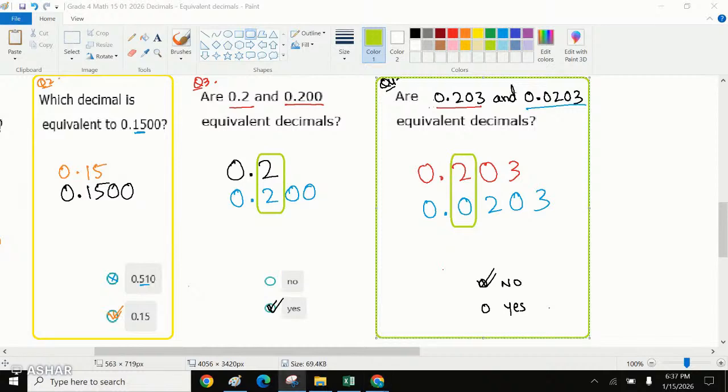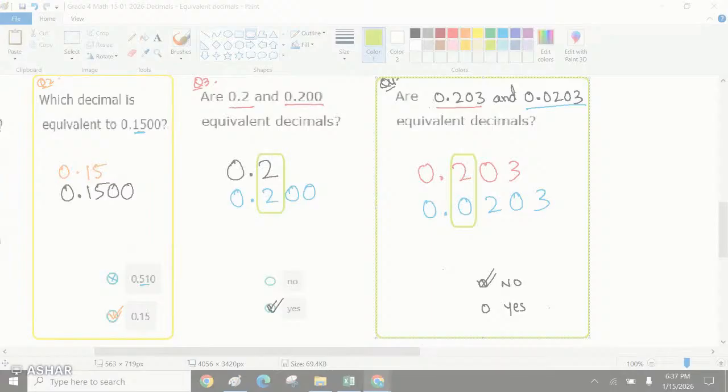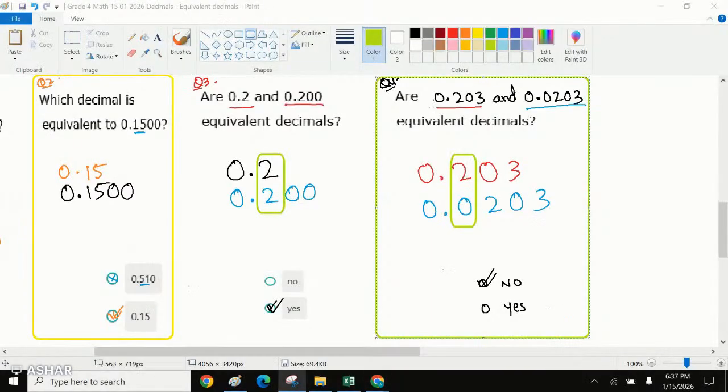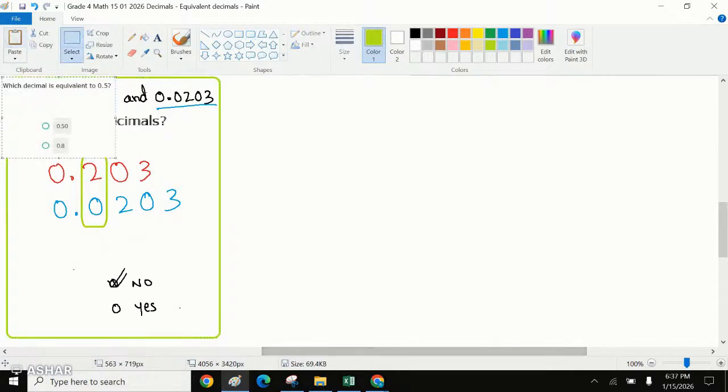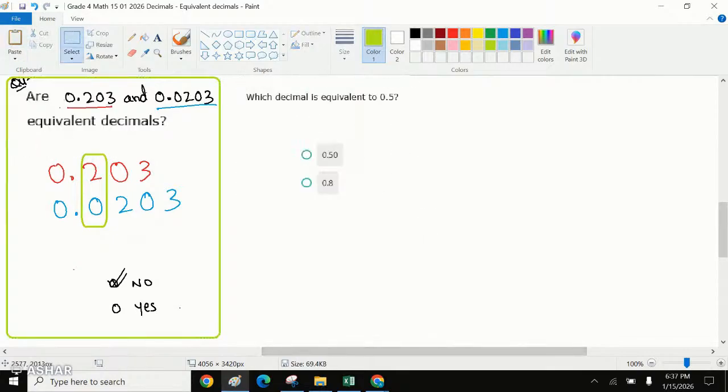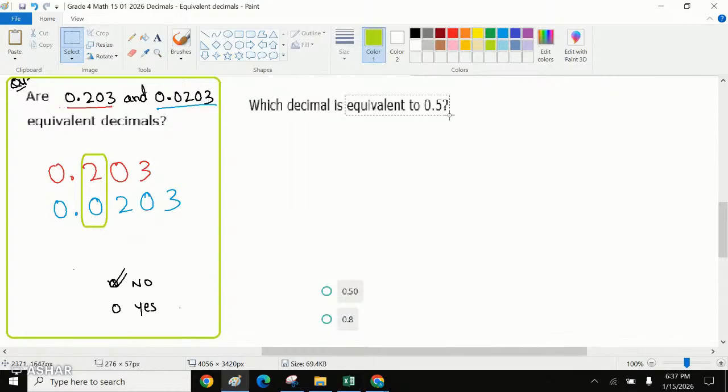So the question we had was in the test. Now we are looking at the test. The question in the test states that, okay, let's say this would be our question number 5. Which decimal is equivalent to 0.5? Out of these two options, which would be 0.5?